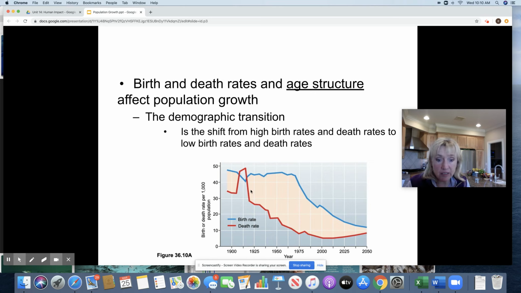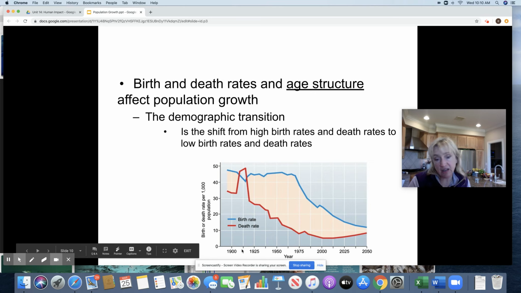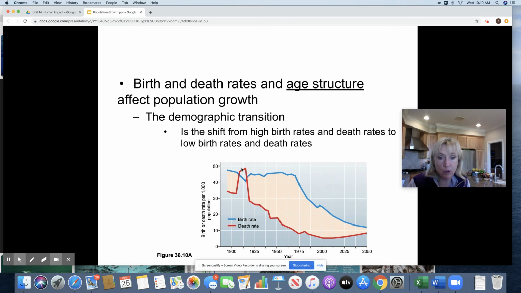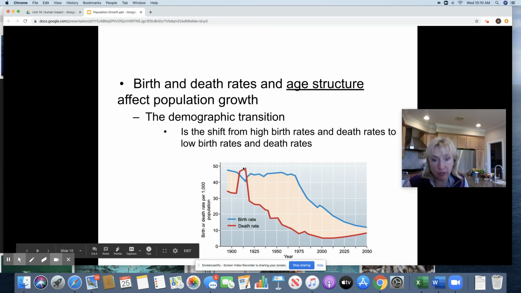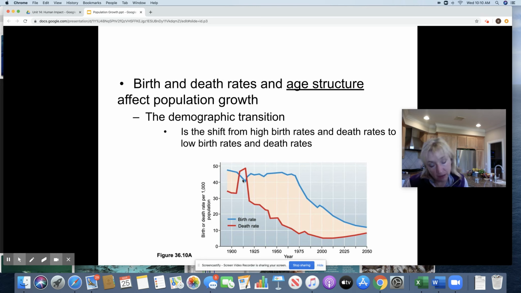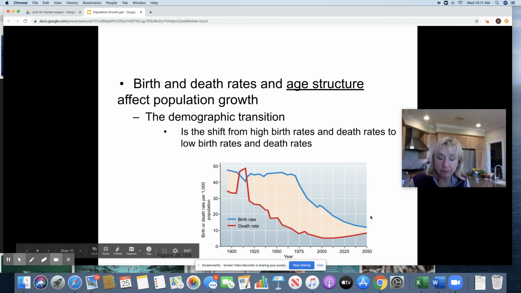What year was this little spike? Well, this is 1917, 1918. If you're thinking about coronavirus, this is the Spanish flu and World War I. They came and just decimated the population. That's that little death rate spike. Notice birth rates also go down, because when people are stressed out and they're quarantined, shockingly, birth rates go down.